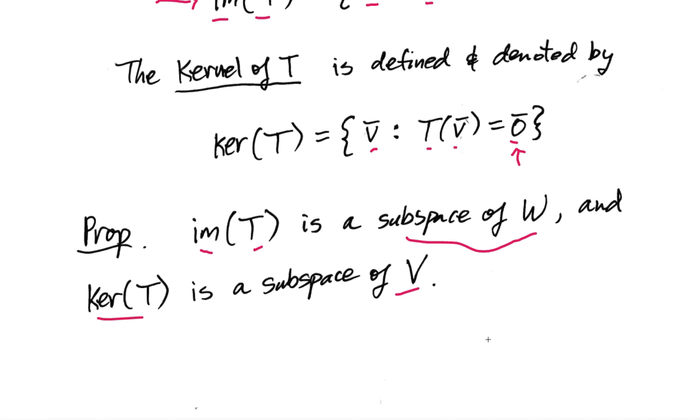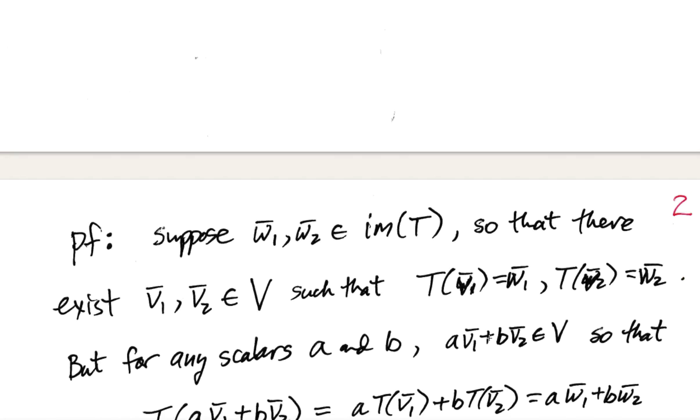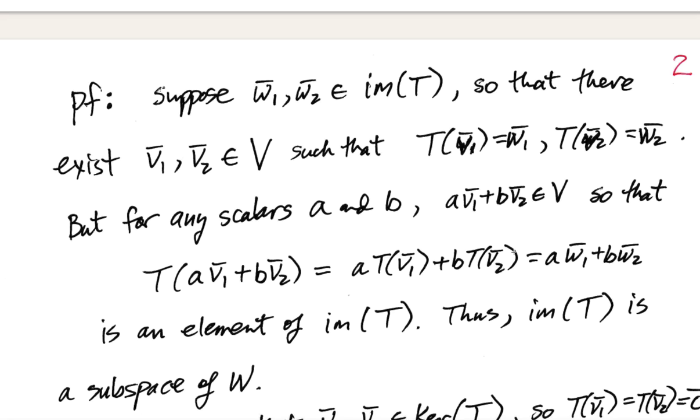Now, let's go ahead and see why that's true here. Suppose I've got two vectors, I called them W1 bar and W2 bar. Suppose those are both elements of the image of T. If that's true, then there have got to be pre-image vectors, say V1 and V2 in cap V, such that T acts on V1 giving W1, and T of V2 gives you W2.